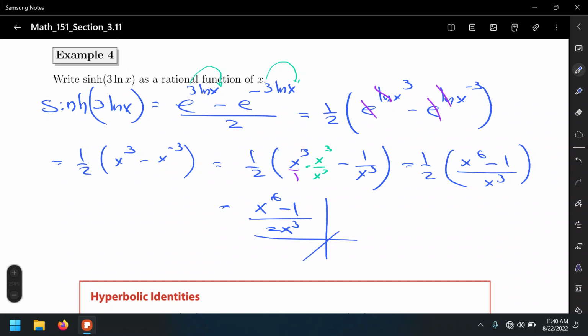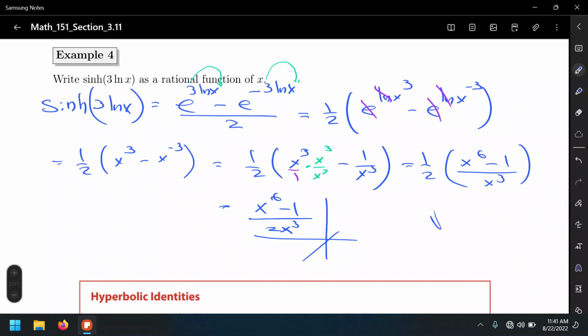And yes, that's consistent with the purpose of the exercise, which is to write the composition between sinh and the logarithmic function in terms of a rational function of x. And this is a rational function by definition. Recall that the definition of a rational function is polynomial over polynomial.